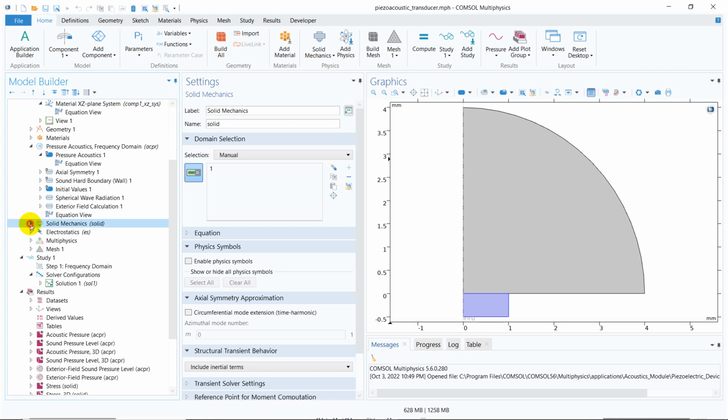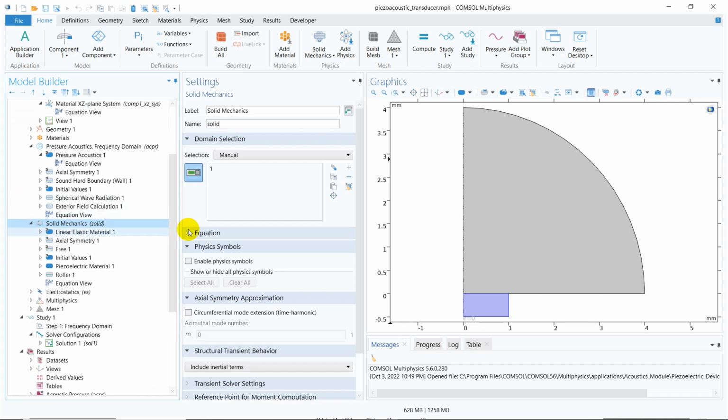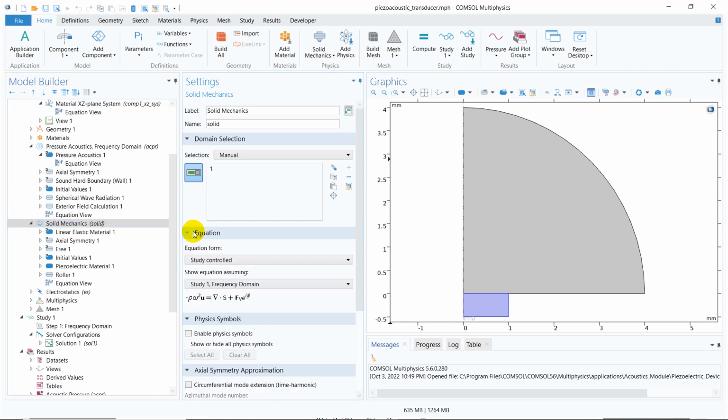Now here there is one thing, solid mechanics. I have talked about this particular thing. In this case again, the most important part is that the solid mechanics equation is also converted into the frequency domain, because once you are solving in the frequency domain you cannot integrate a time dependent solution in the same problem.